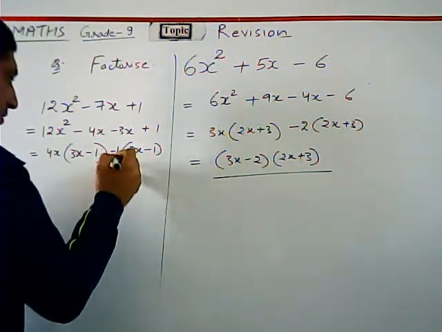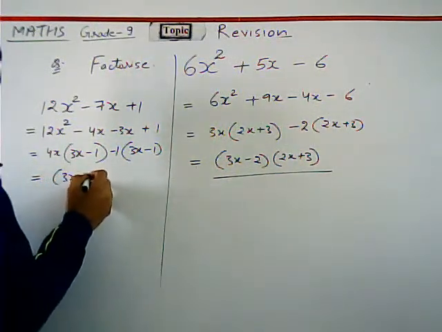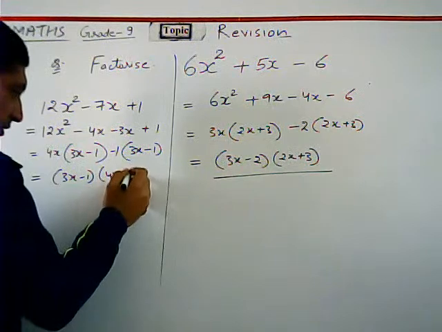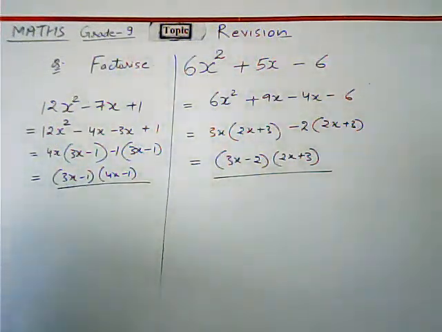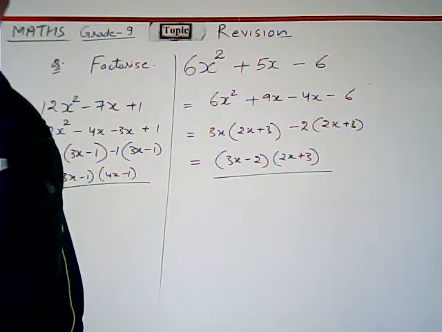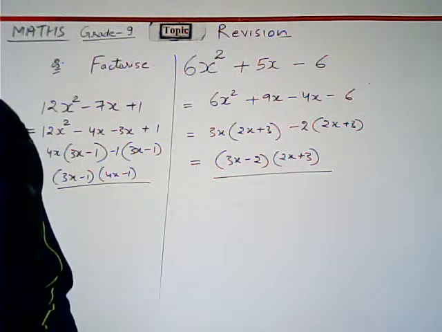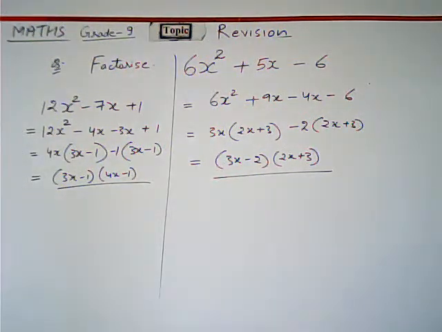So we have 3x minus 1 into 4x minus 1, right? In this way you can go for the factorization of quadratic polynomials, okay.